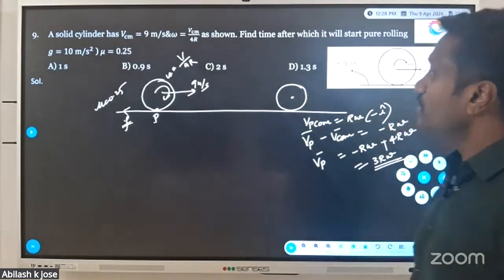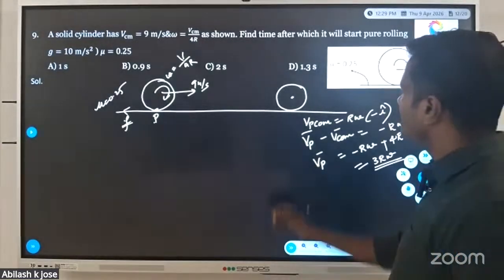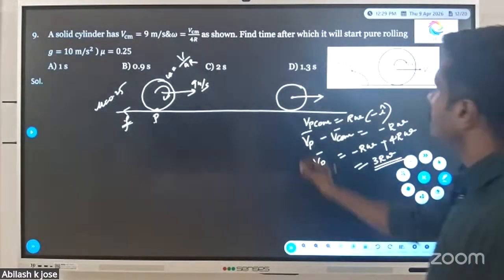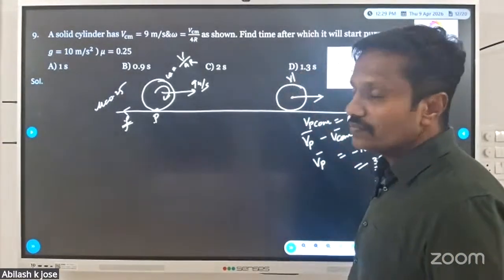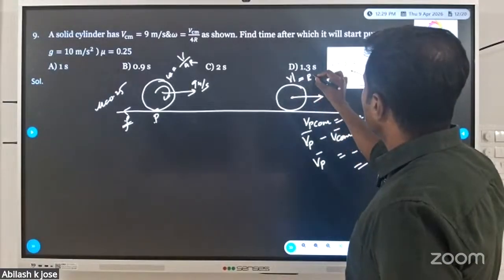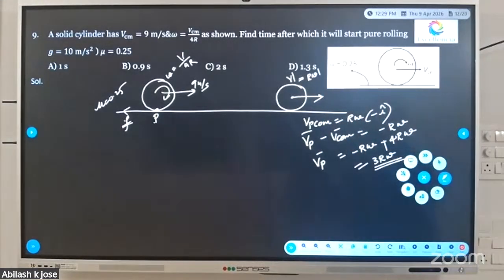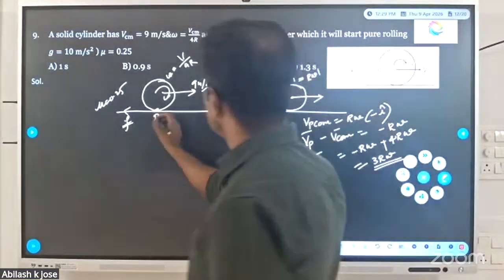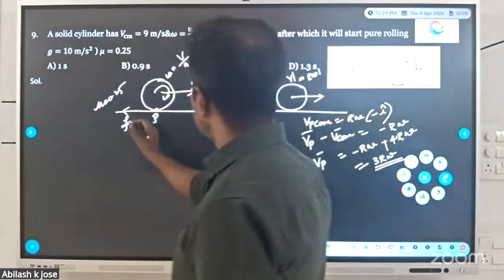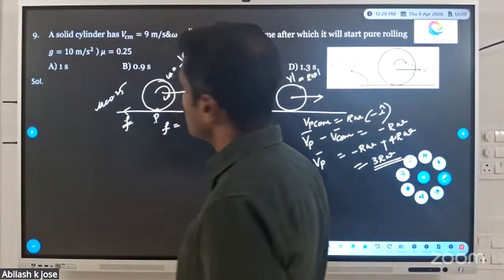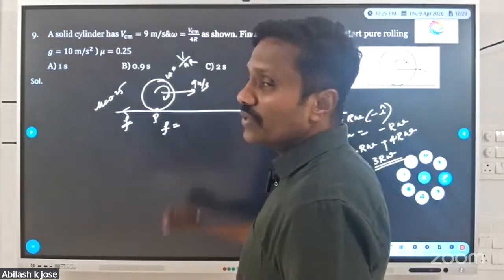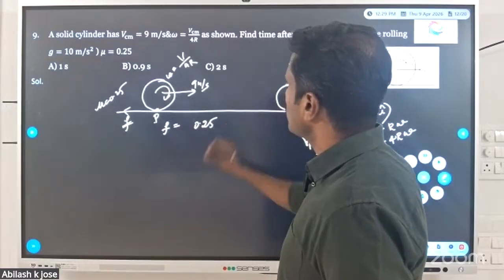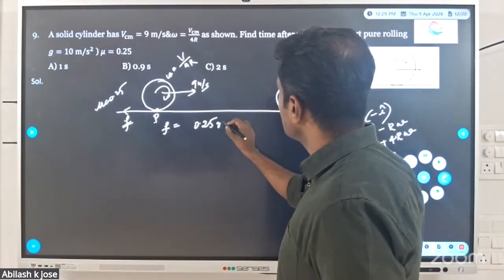What we want is the time after which it is pure rolling. As I said, when pure rolling happens, the velocity of center of mass is equal to R omega. So let us say that at some time the velocity is v dash, equal to R omega dash. This is the condition. Now if you use the force equation, friction is equal to mu into normal reaction, mu is equal to 0.25. The normal reaction is mg, and mass is not needed, no problem.